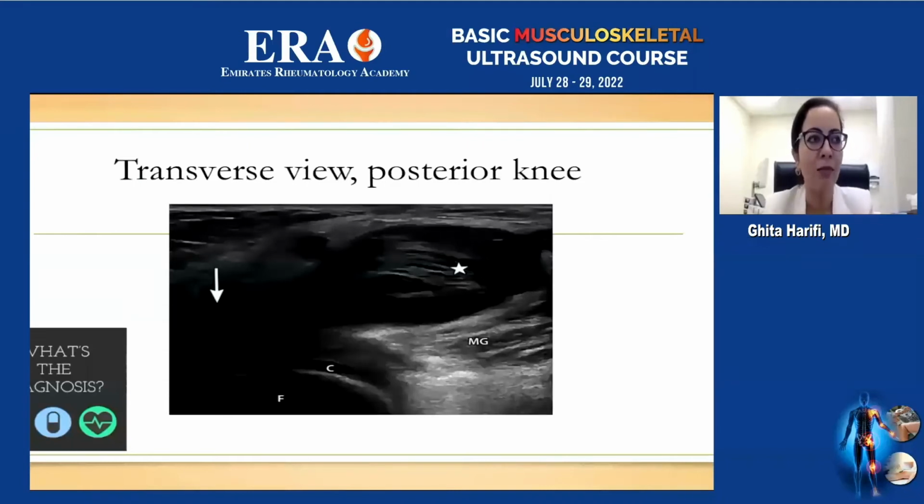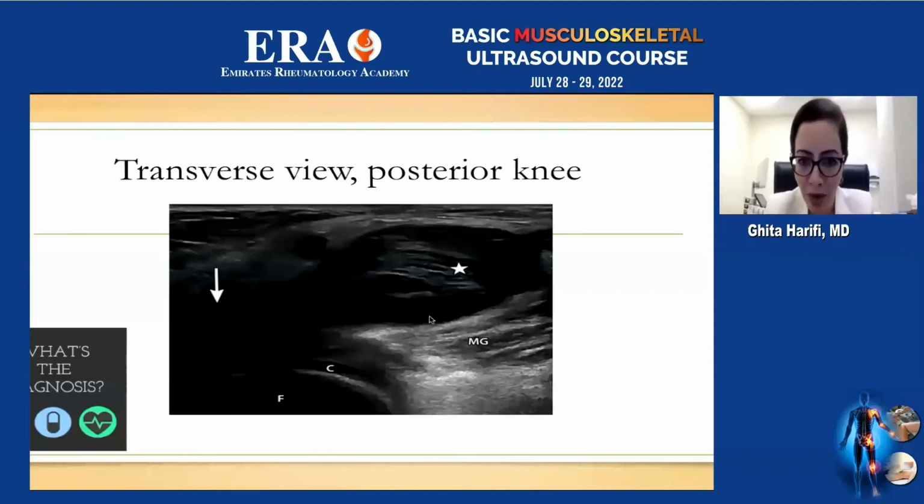And the last example is a complex Baker cyst. This is a posterior view of the knee between the medial gastrocnemius and the semimembranosus, with some anisotropy because it looks hypoechoic.